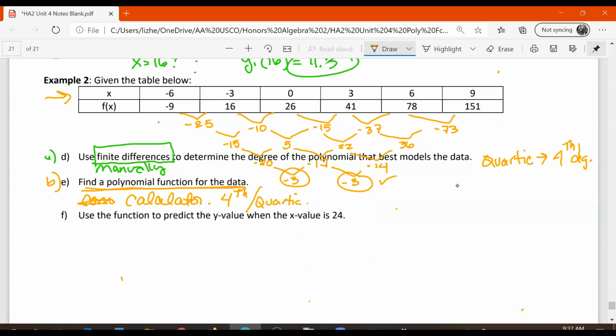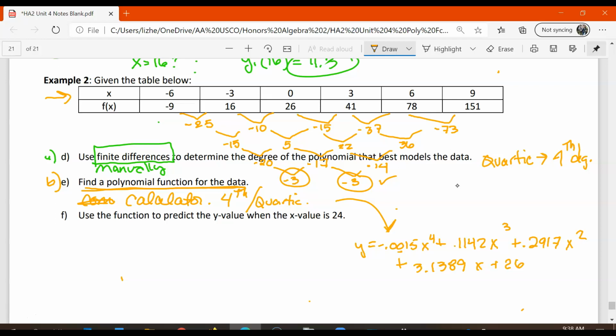Let me write that down real quick. So the answer is y equals -0.0015 x to the 4th plus 0.1142 x cubed plus 0.2917 x squared plus 3.1389 x plus 26.